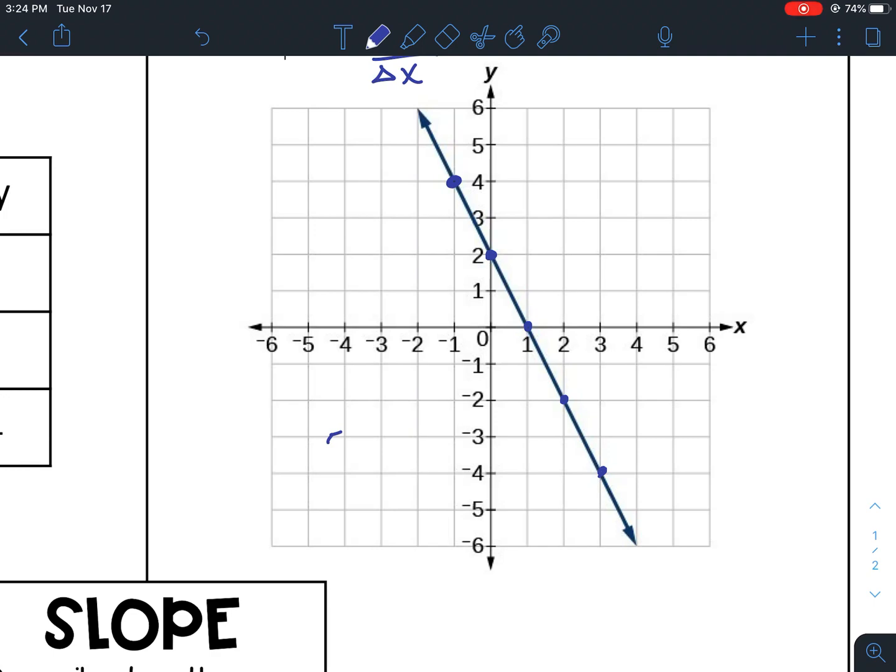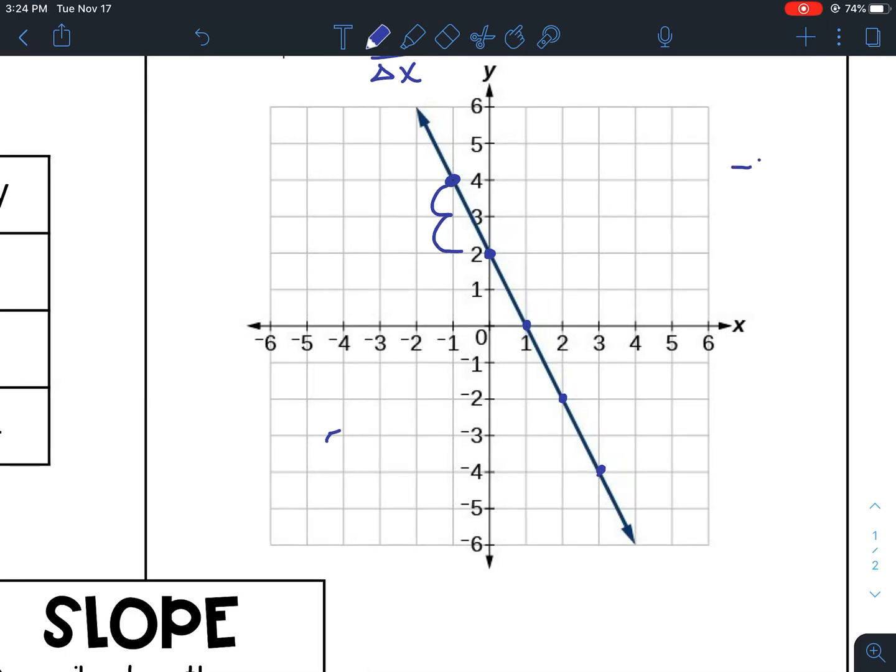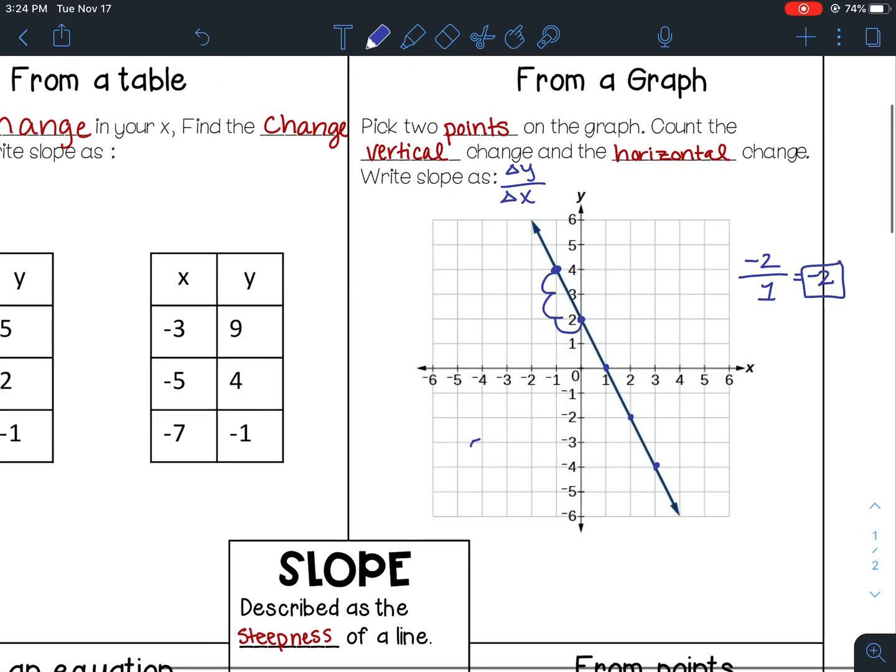It should be the same. Like I said, my rise over my run: I'm going down 2, so down is negative, and I'm running 1. So it's negative 2 over 1, which is really just negative 2. Down is negative, always going right.